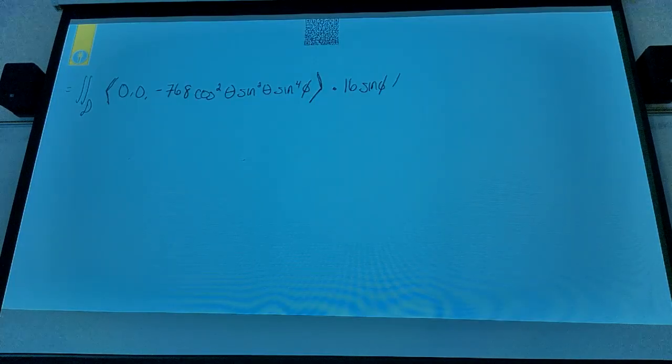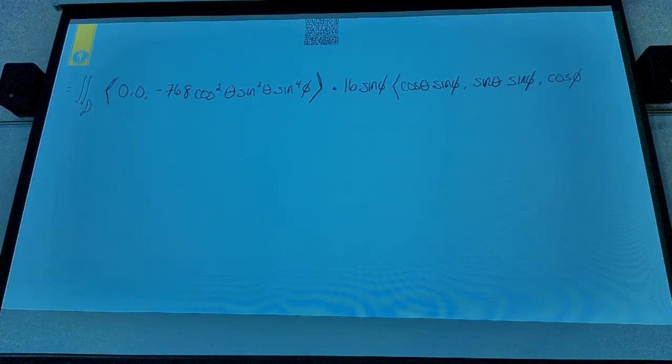This dotted with N dA. You do that dot product. It's just going to be a 0 plus 0. Good, that's gone.